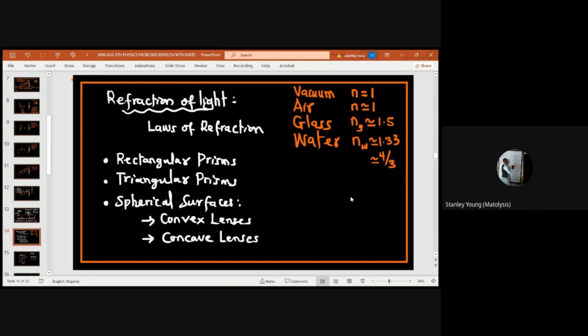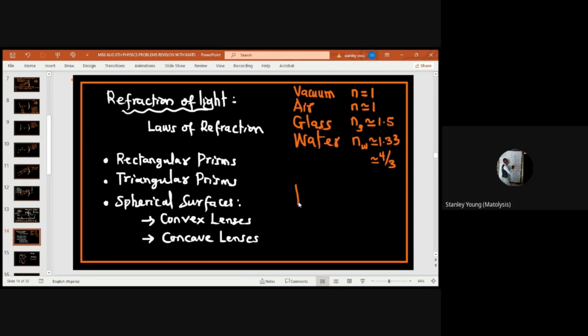There is almost a direct relationship between absolute refractive index and optical densities. From what you can see, absolute refractive index is greatest for glass, followed by water.